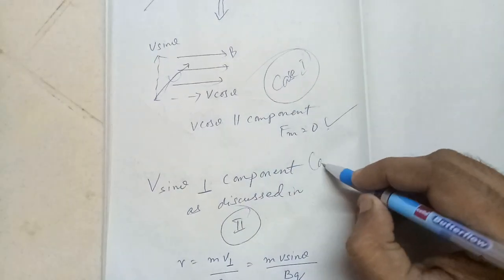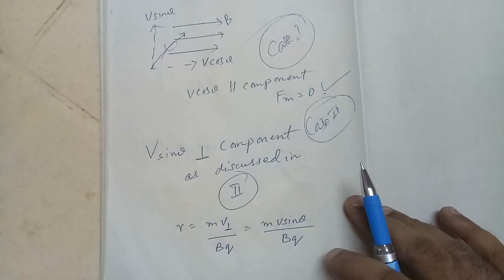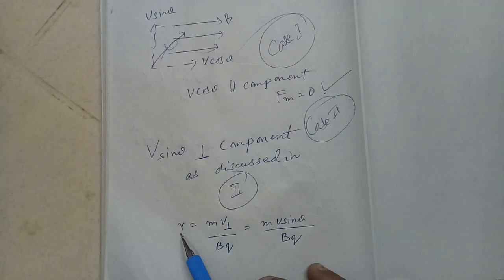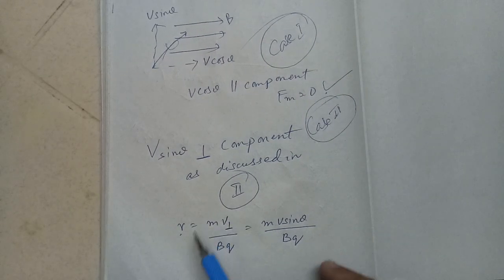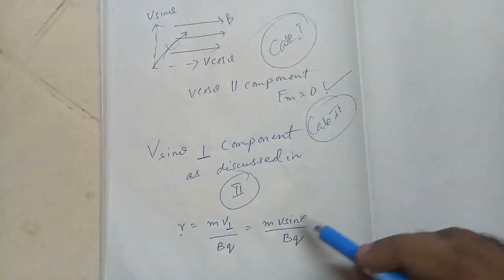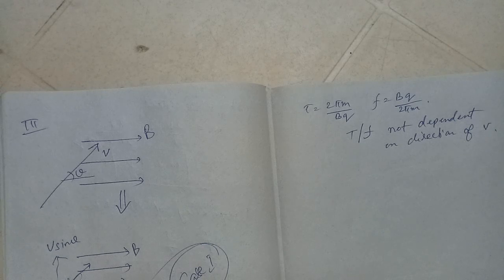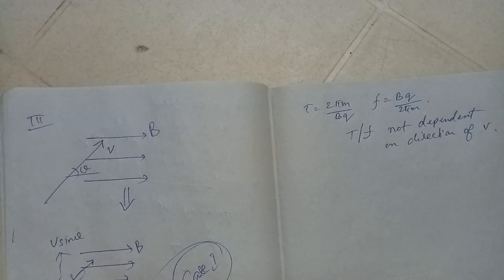It is case 2, which we just now discussed. So you can use the expressions we have derived there. r is equal to mv by Bq. What is this v? It is the perpendicular component. So in place of v, you need to write v sin theta. So r is dependent on v here, and as we discussed earlier, T and f are independent of v. It doesn't matter whether v is parallel, perpendicular or at an angle. So the same expression remains. Remember these expressions. We will see some numericals later.